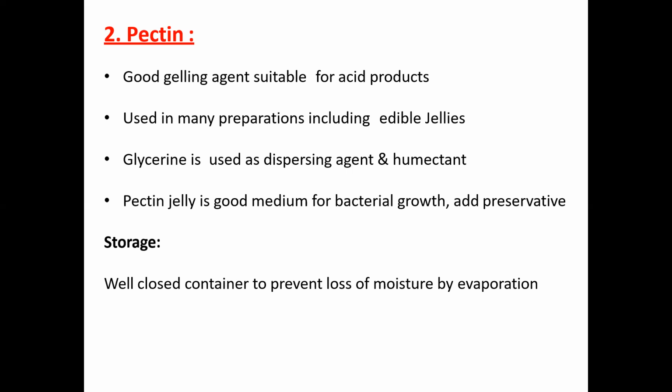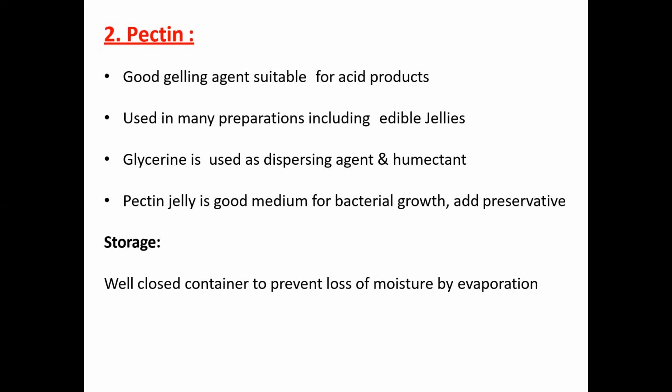Glycerin is used as a dispersing agent and a humectant in pectin-containing jellies. Pectin jellies are a good medium for bacterial growth, so we add a preservative to this gel formulation.